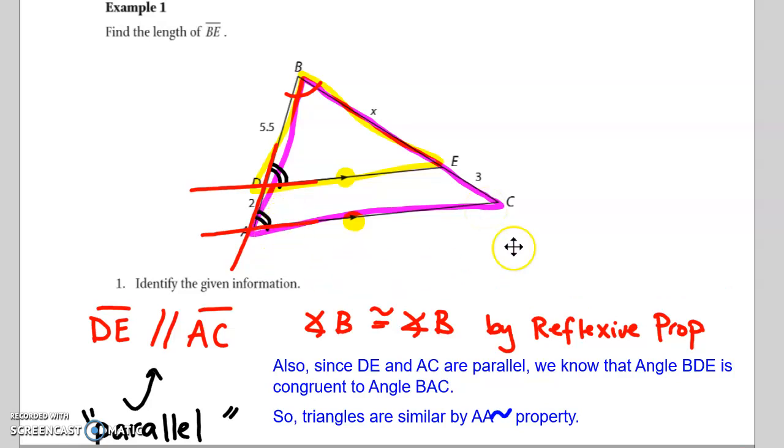If you remember from Math 1, when you did parallel lines cut by a transversal, we would say that these angles are corresponding angles. So that's why those angles are congruent. Therefore, my two triangles, triangle BDE and triangle BAC, are similar by AA similarity.